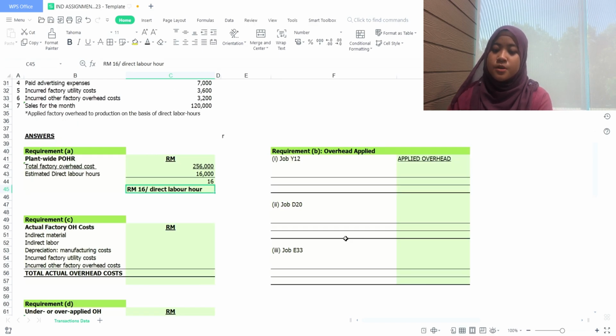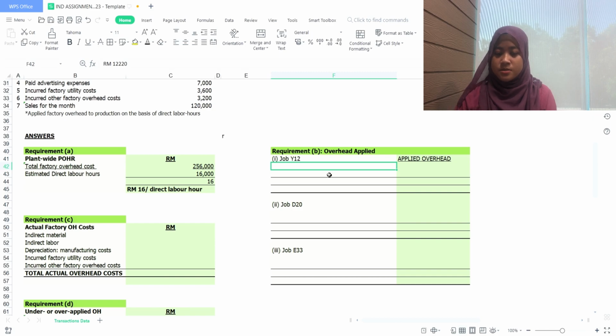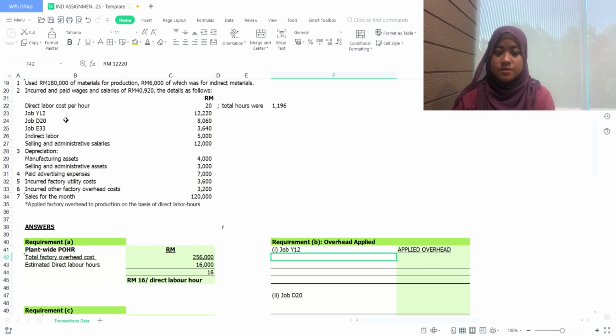So next we go to overhead applied. Before you find the applied overhead, we have to find the actual hours, which is for the job Y12, the direct labor cost is 12,220 ringgit divided by the direct labor cost per hour, which is 20 ringgit.